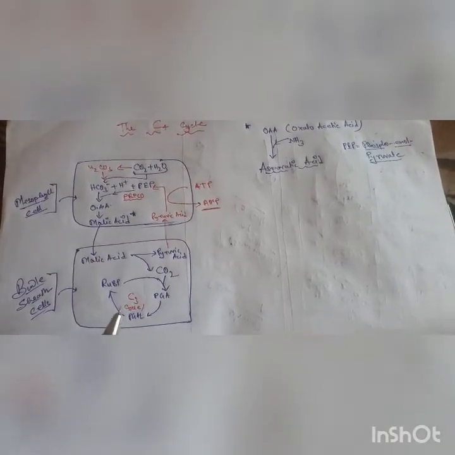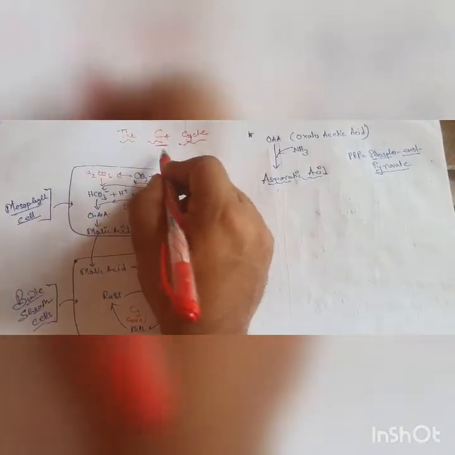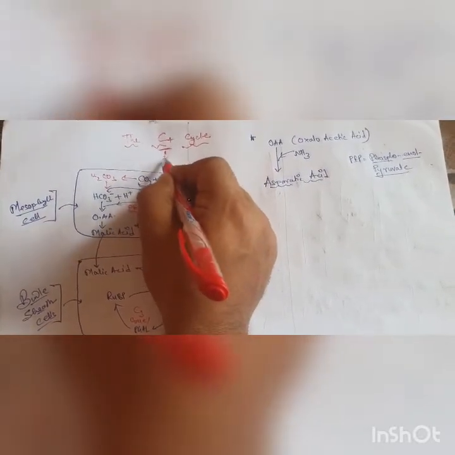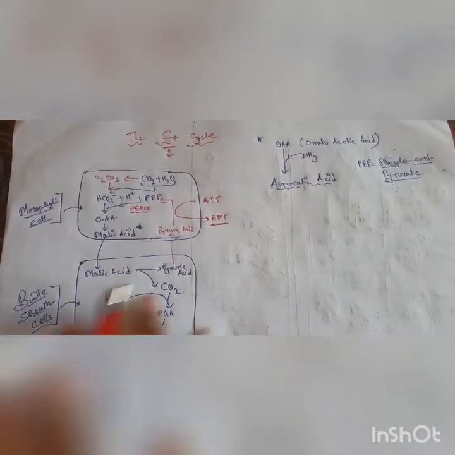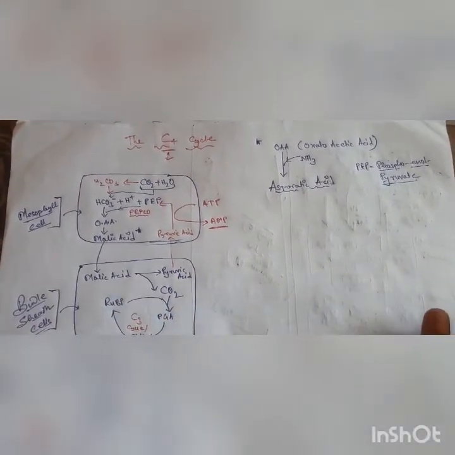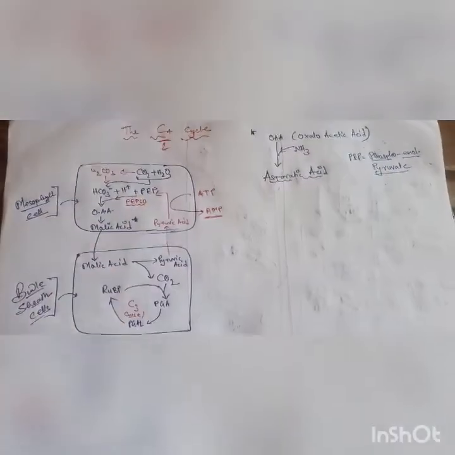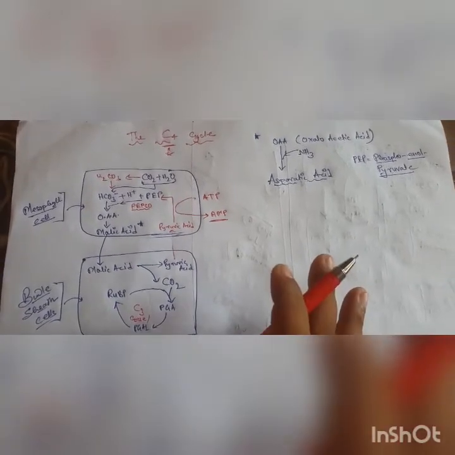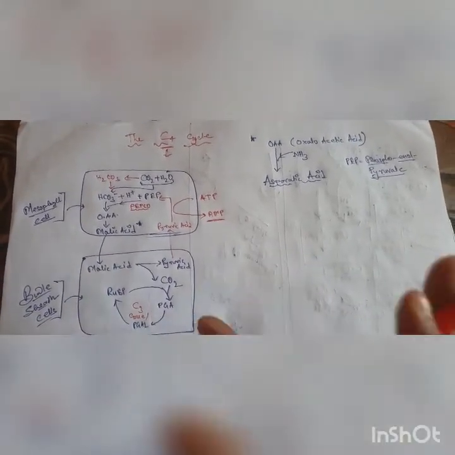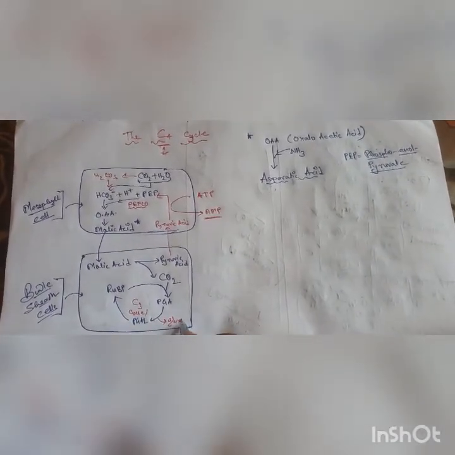However, in them the C4 cycle occurs, the cycle which bypasses the photorespiration. The C2 cycle is the one which does photorespiration, and the C4 cycle is the preceding cycle of the C3 cycle, which occurs so that the C3 cycle can occur properly and there is synthesis of glucose from the C3 cycle.